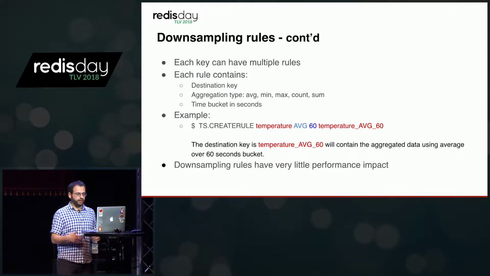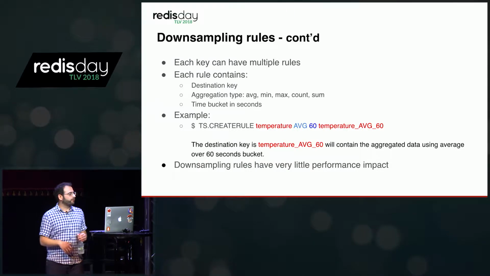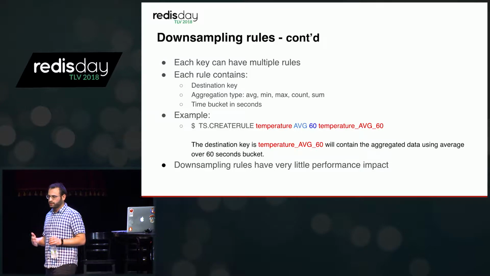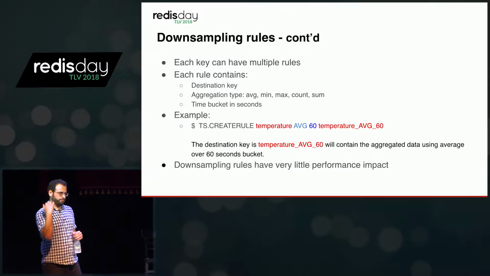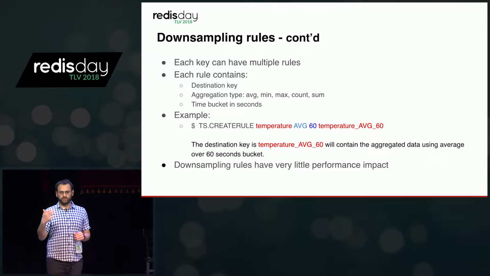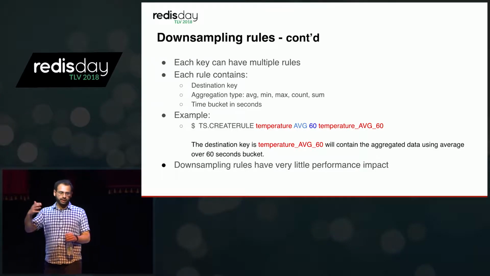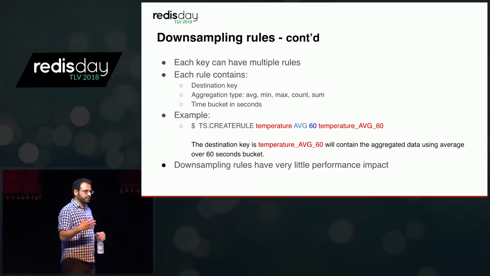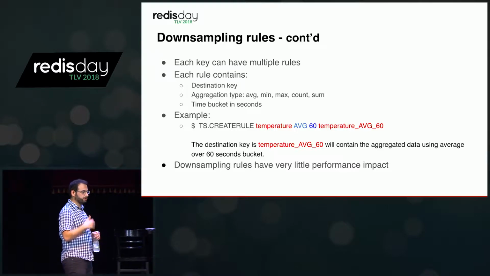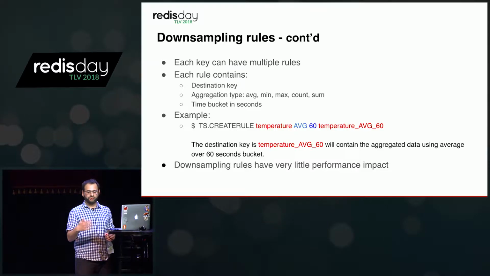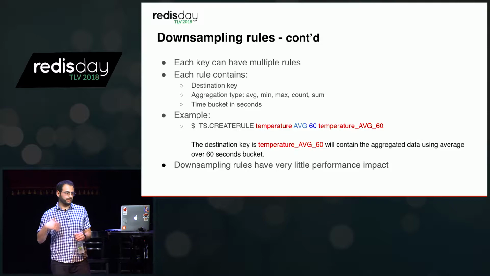So you can do that today in the time series module. You can create a downsampling rule, which is basically taking a time series key and saying that every time this bucket ends, we will downsample the time series to a different key, having the data in a different resolution in a different key.